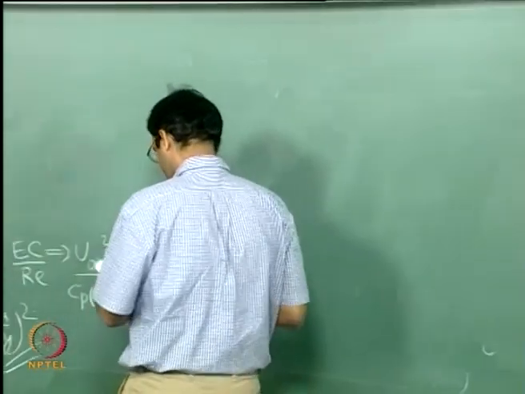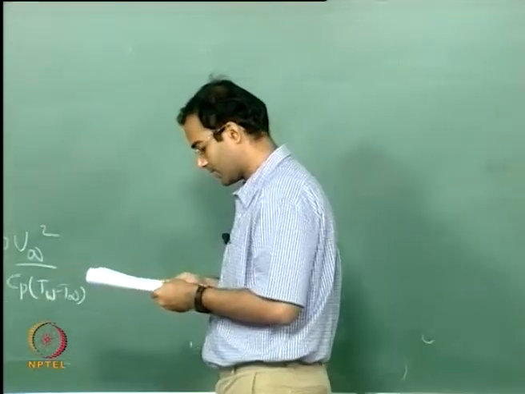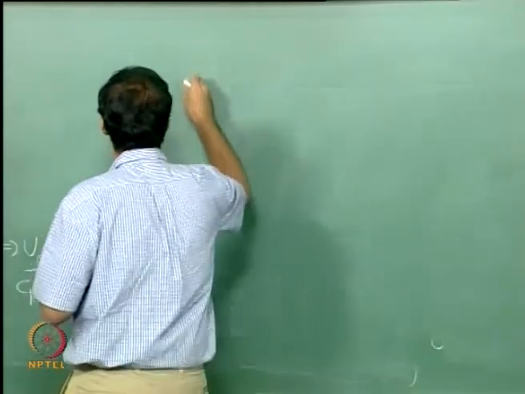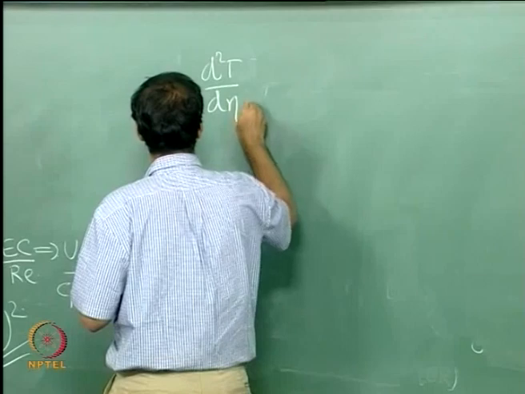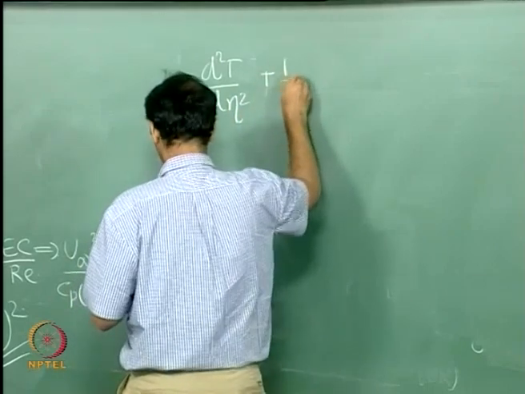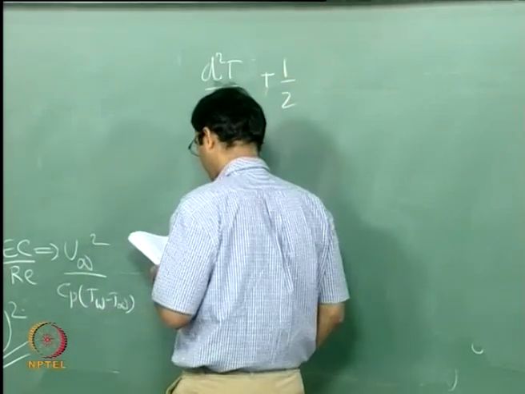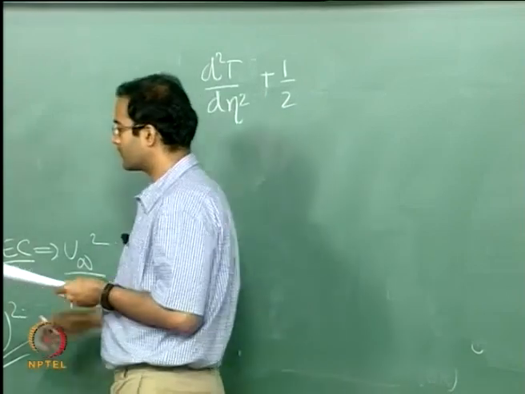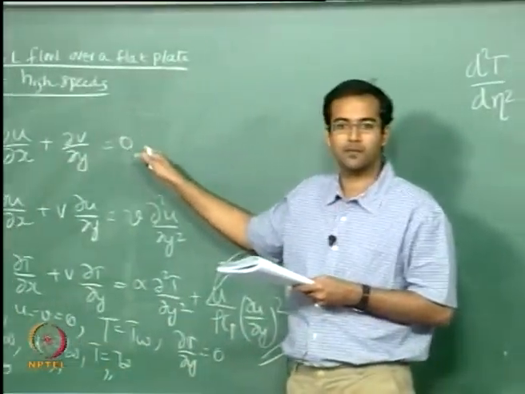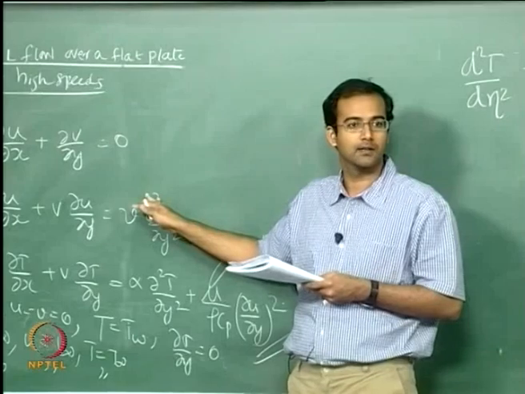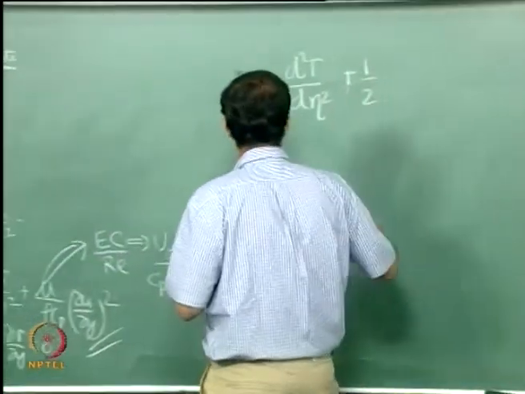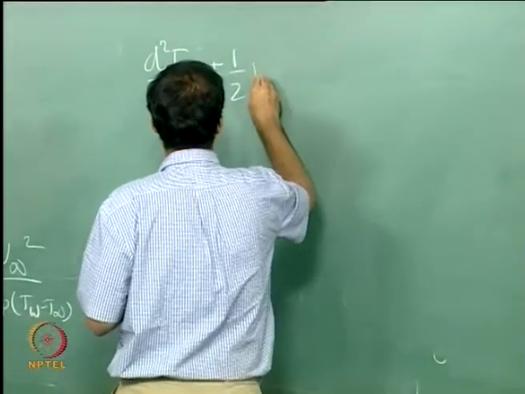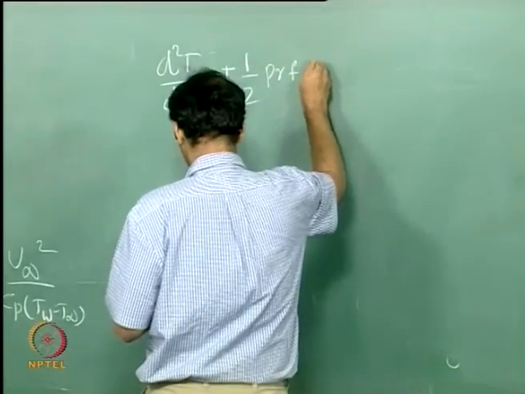If you substitute and clean up all the unnecessary terms, this is the final similarity equation for temperature, because the flow is still the same as the flat plate Blasius solution. Only the energy equation will be changing a little bit, and that change will be a term which comes on the right hand side.